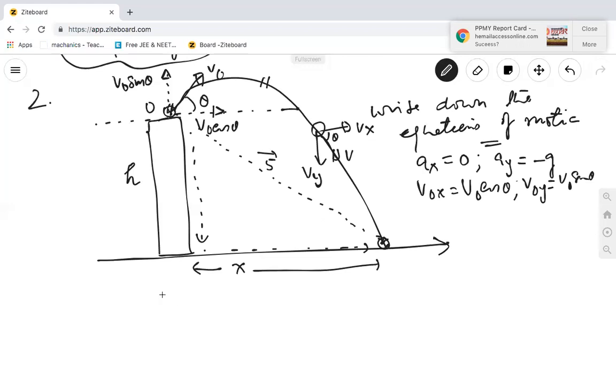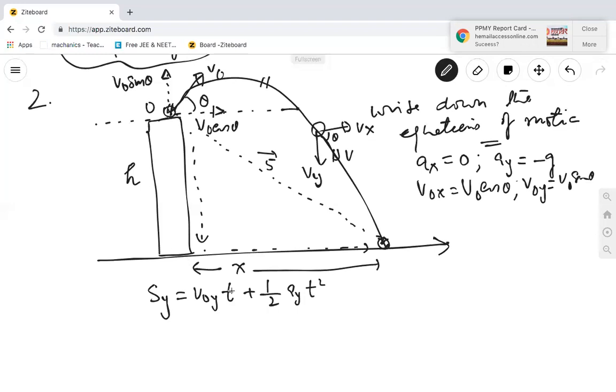So can you tell me what is sy? v0y t plus 1 by 2 ay t square. Is that right? Yes. What is sy? Sy is the vertical displacement. It is minus h.